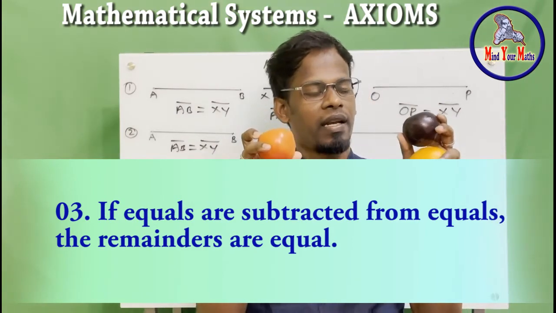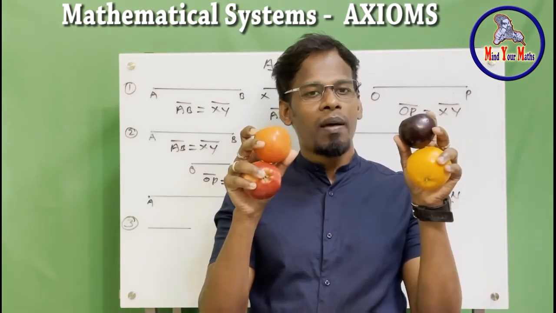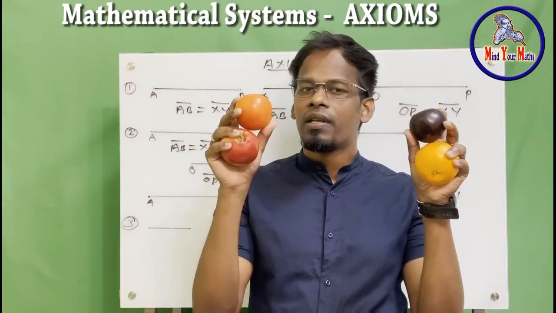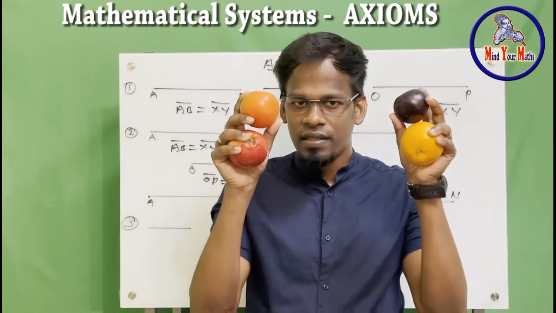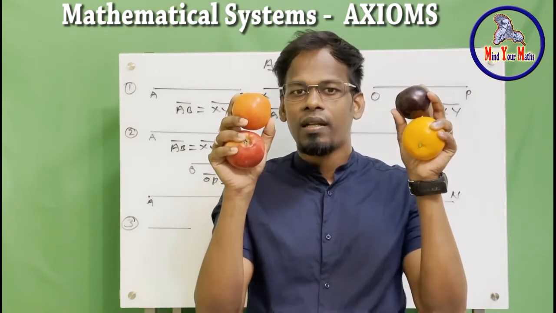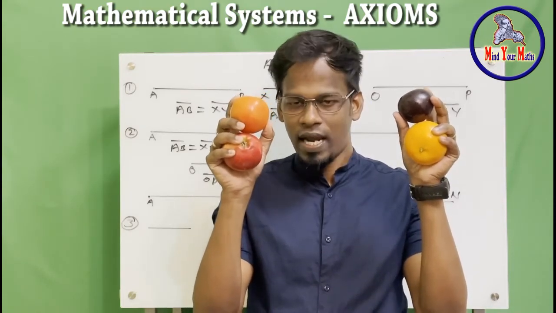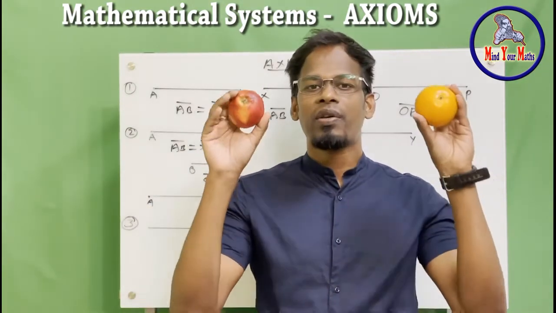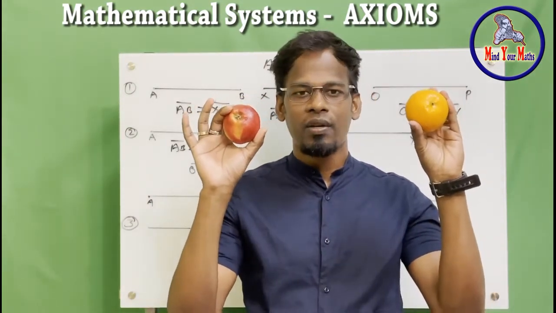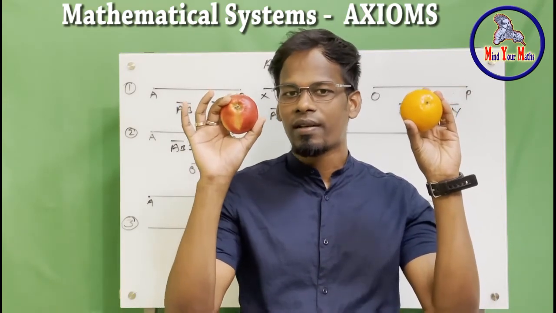What it means is that the equals, which is the plum weight, is equal to the tomato's weight, right? So we are subtracting this from the total weight, right? So now I have removed the plum and tomato. Now you tell me whether the orange weight as well as the apple's weight, are they same or not?